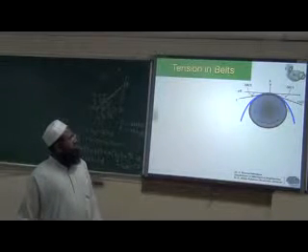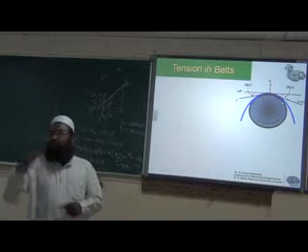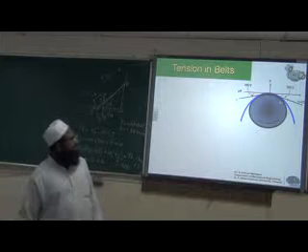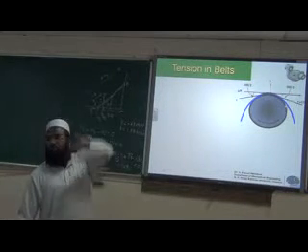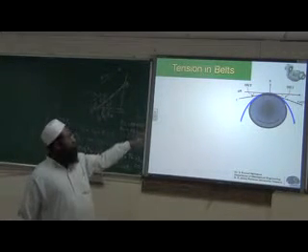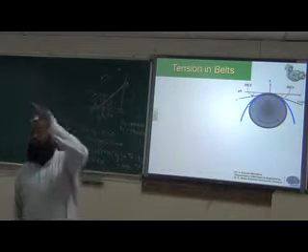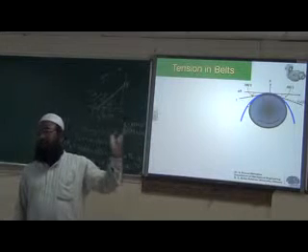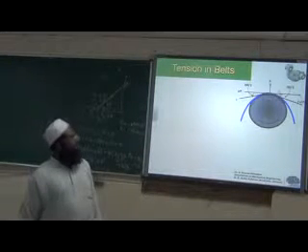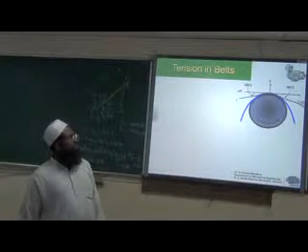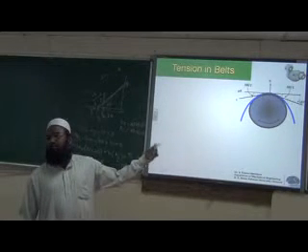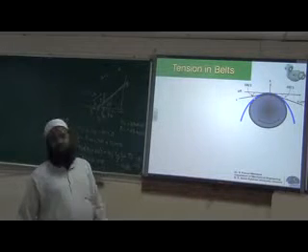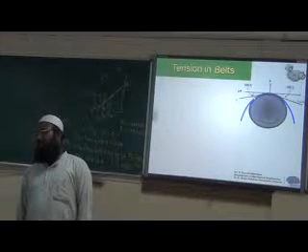As it rotates, it will pull the belt from one side and release it on the other side. On the pulling side you will have maximum tension, T plus delta T, and on the releasing side you have only T.